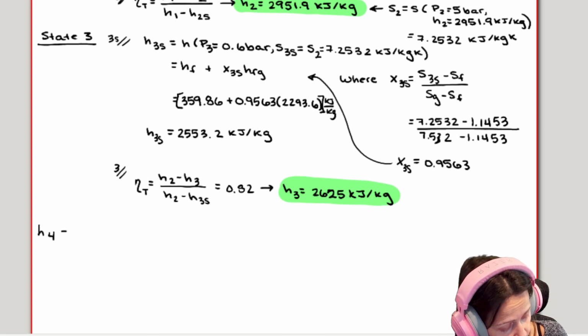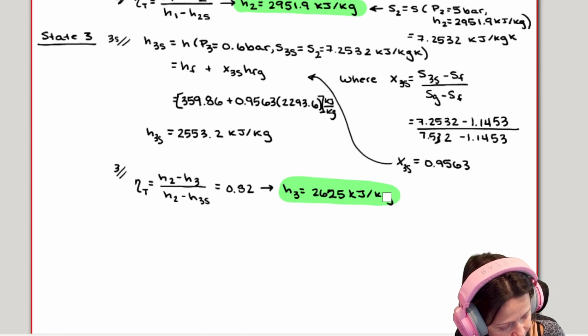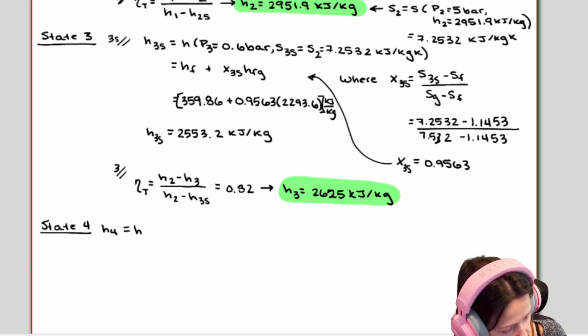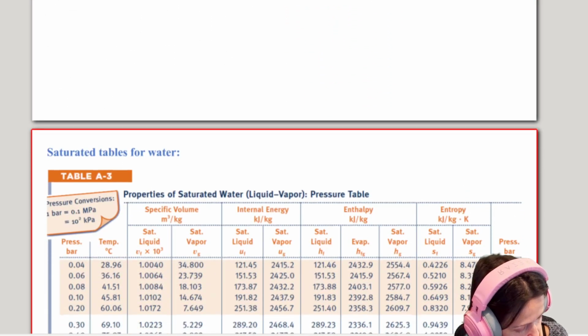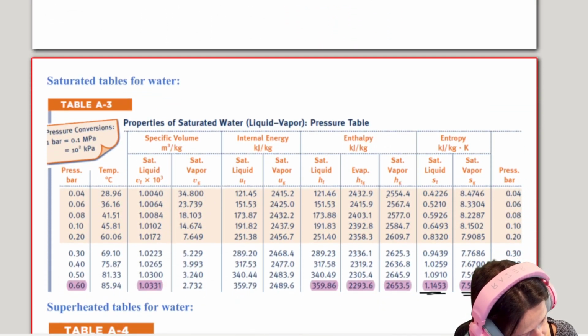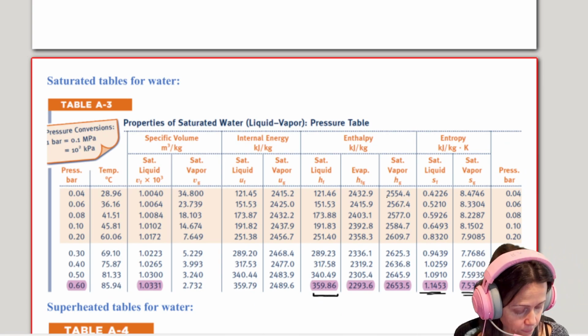It's going into a pump. H4 is going to be going into a pump, saturated liquid at 0.6 bar. So that's in our saturated tables, and I get 359.86.